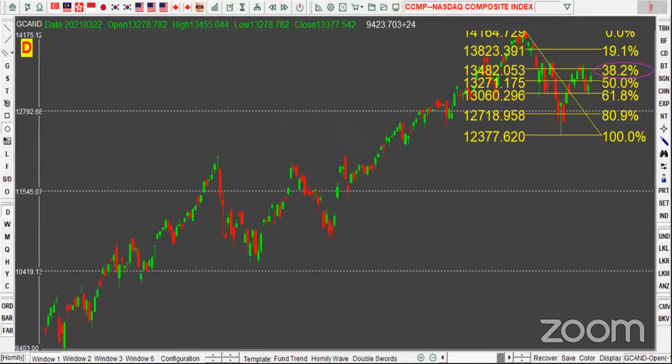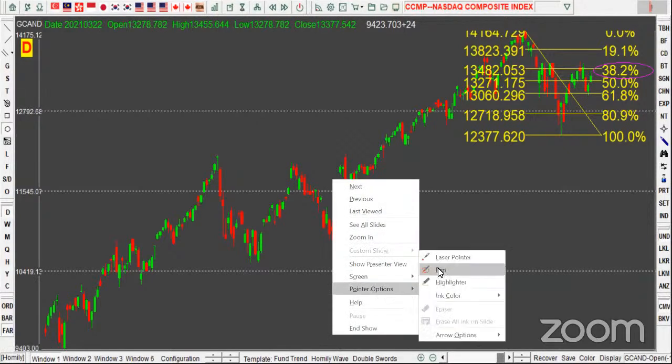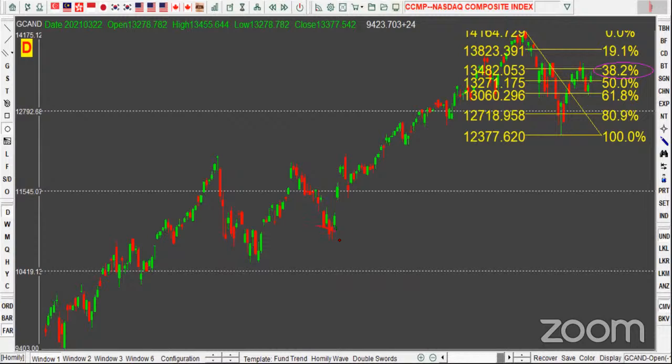smaller scale. Just now, I have chosen the previous chart I showed you just now. I have chosen this low point and this high point to show you the golden section levels. But in this second chart here, I have dragged from this high point to this low point here.